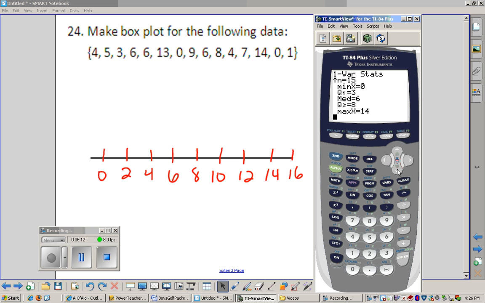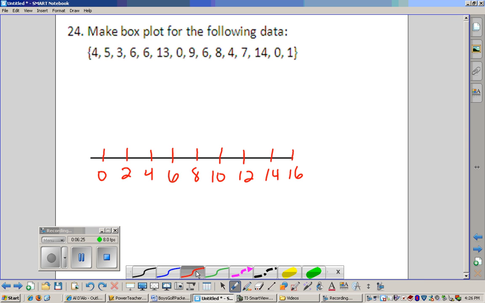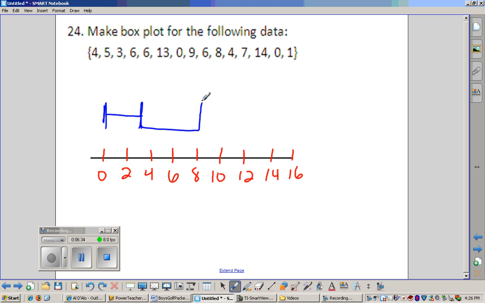It says the min is 0, quartile 1 is 3, the median is 6, quartile 3 is 8, and the max is 14. So we need a whisker from 0 to 3. Box and whisker. From 3 is the beginning of the box, and the box goes all the way over to quartile 3, which is at 8.